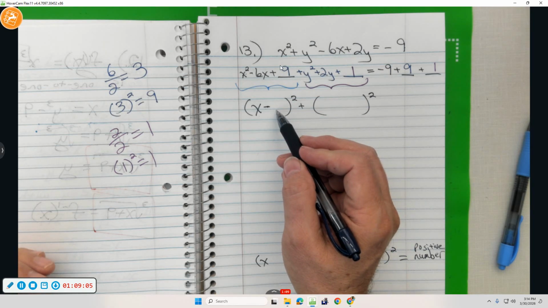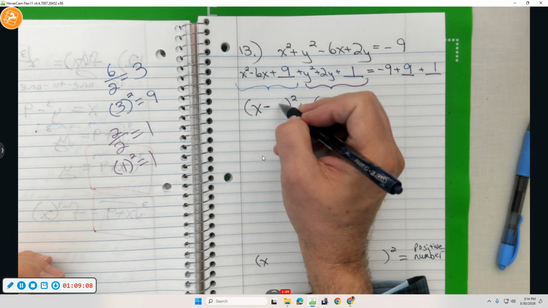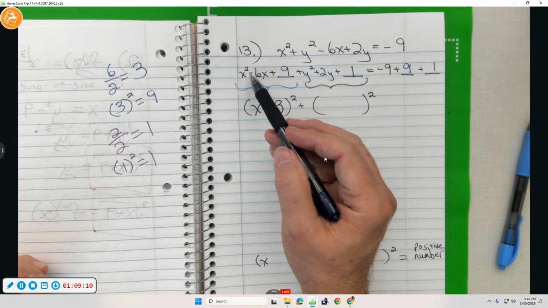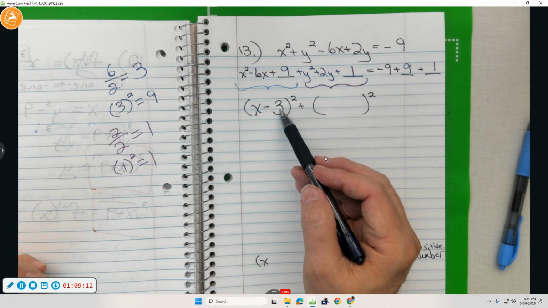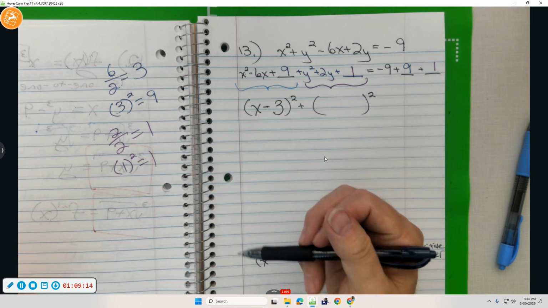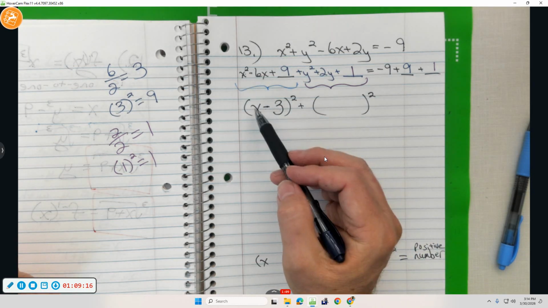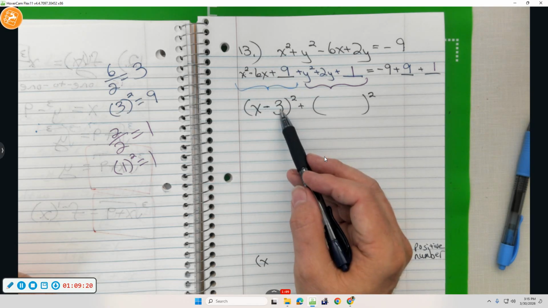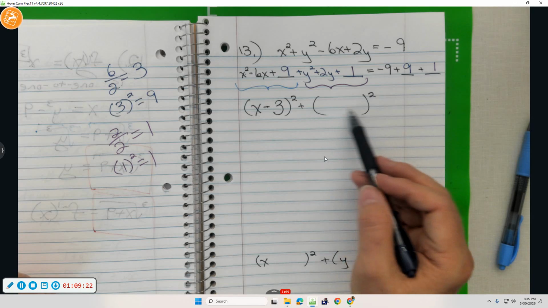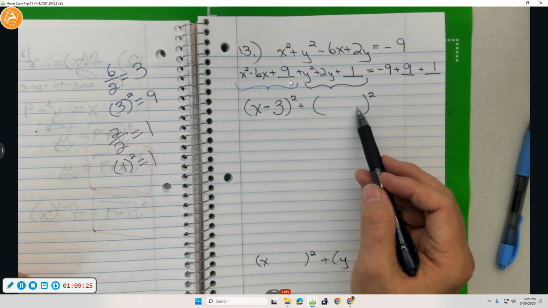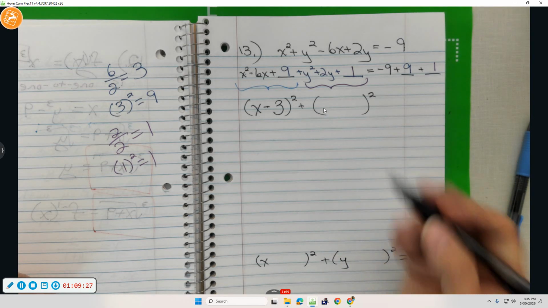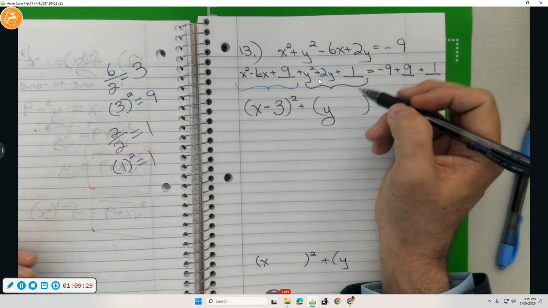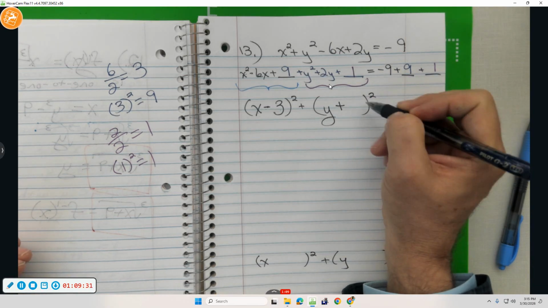It's a number you can square to get a 9. 3. Okay. I would say variable, sign, half of that number. That's the little pattern that I would say. Whatever the first letter is, whatever the first sign is, whatever half of that number was. Here, you tell me what's going to go inside these parentheses. Y, I agree. Sign, plus, number, 1.